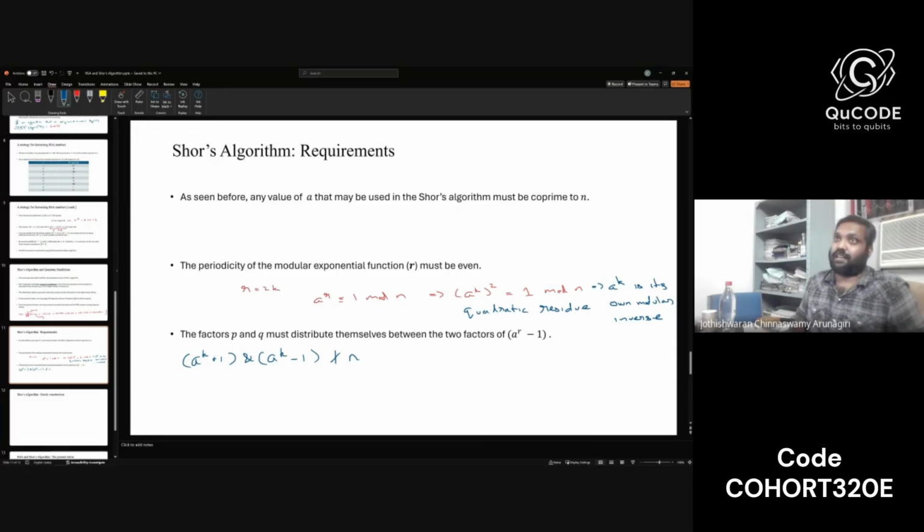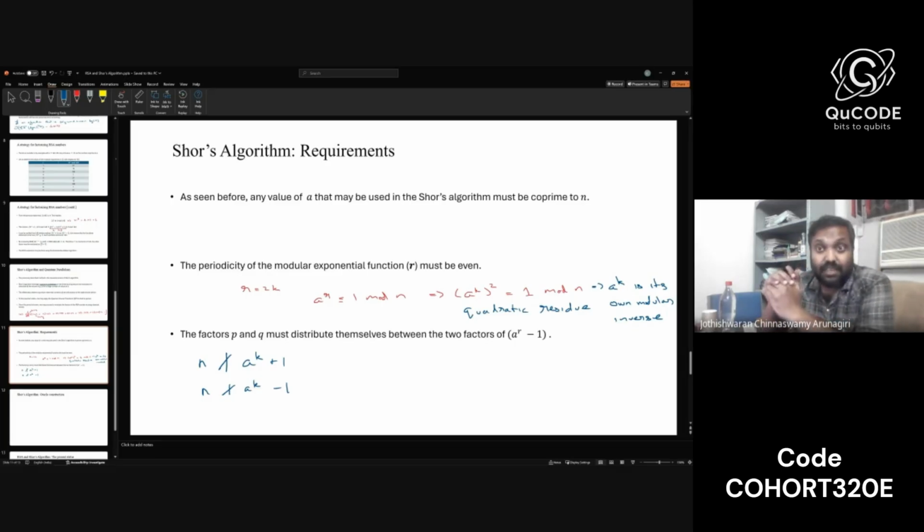Oh no, that should be written the other way around. It's a divides b. So the statement is n does not divide a to the power k plus 1 and n does not divide a to the power k minus 1. So these three conditions should be satisfied for Shor's algorithm to be successful.